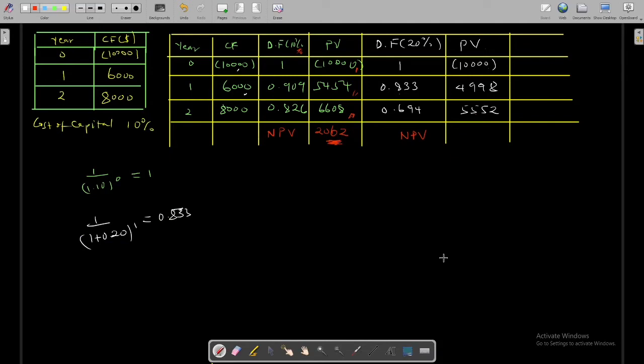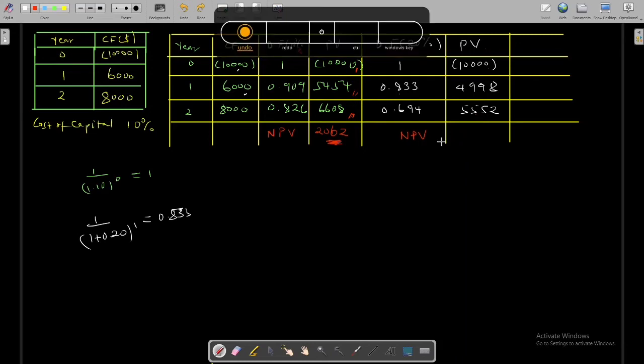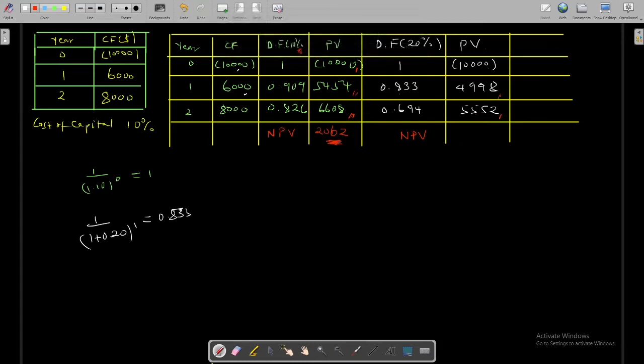So when we add 499.8 plus 5552, this plus this will give us 10,550. And so when we subtract 10,000, we are still going to get 550, which is not negative.